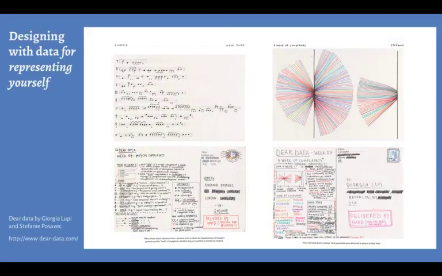This is a project done by Giorgia Lupi and Stefanie Posavec. They lived on different continents, and they decided to take letter writing as a form to visualize their lives and share it with each other. The idea being that you would look at a particular week, collect data in a particular form, and then each of them would try and show it in a visual form.